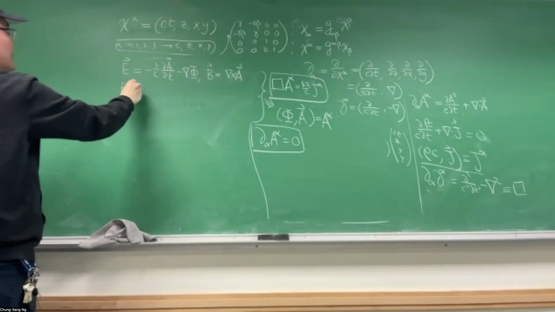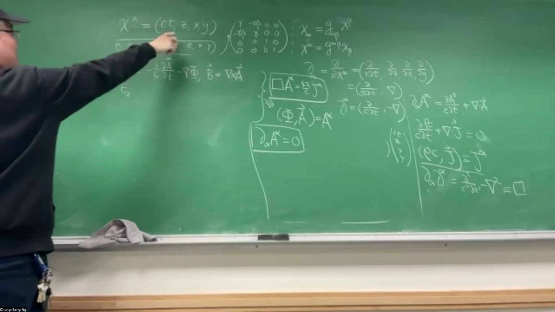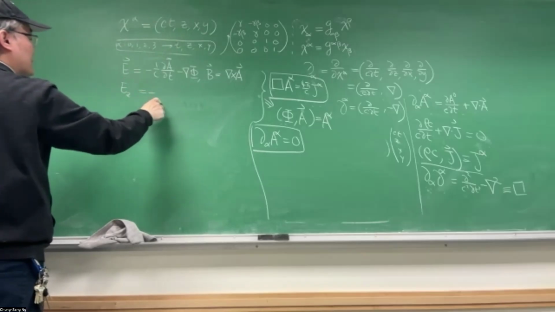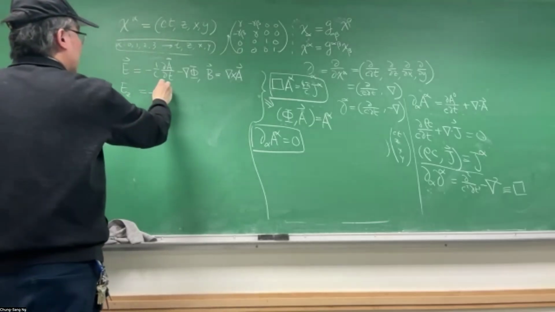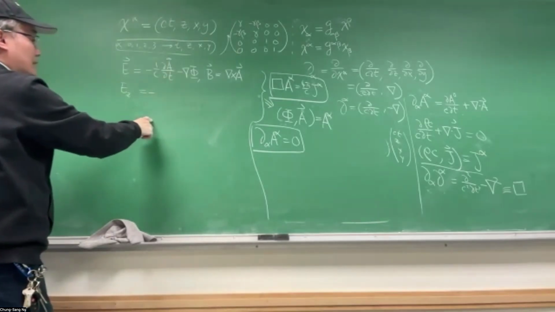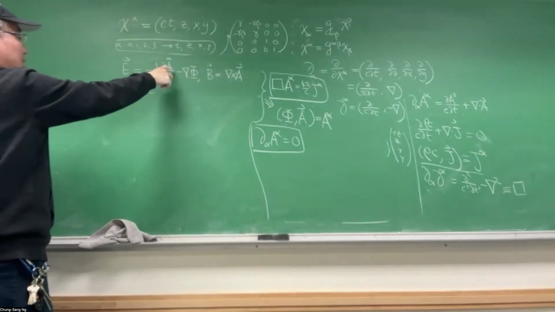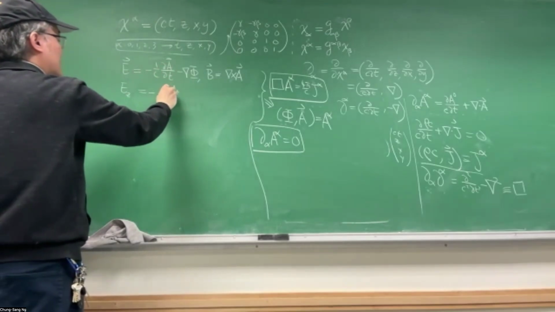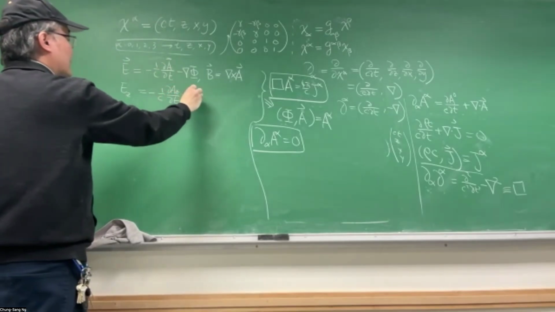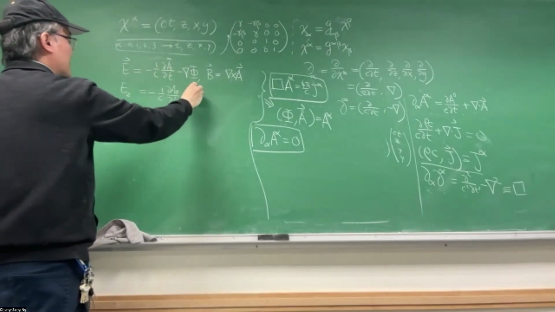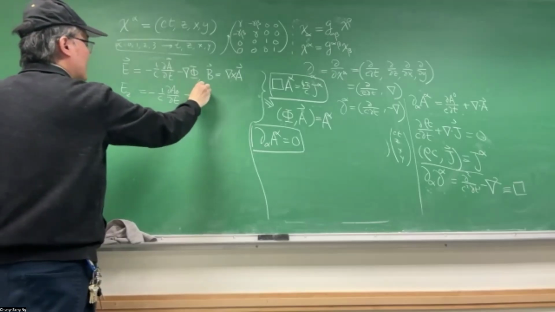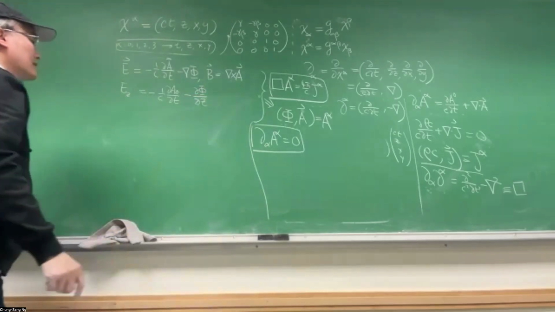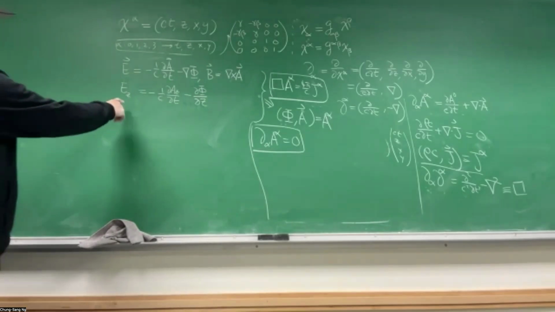E sub Z is this one component, and that equals 1 over C times partial A, partial T, the Z component, because this is the same vector, minus this gradient, also in the Z component. This is partial phi, partial Z, right? So that's the Z component.